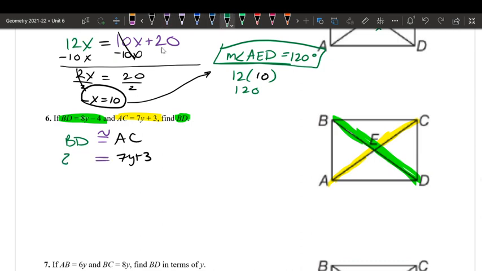BD is 8y minus 4. So BD is congruent to AC, so 8y minus 4 equals 7y plus 3. So I subtract 7y. Y minus 4 now equals 3.